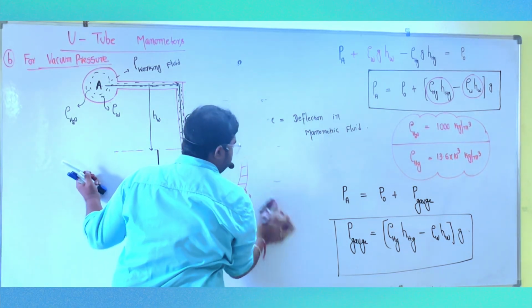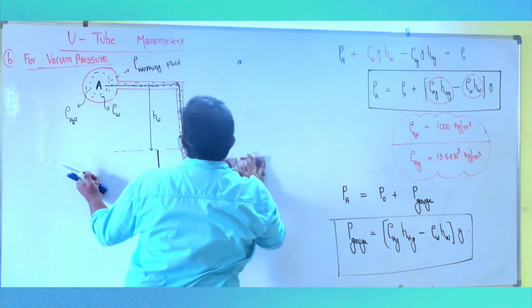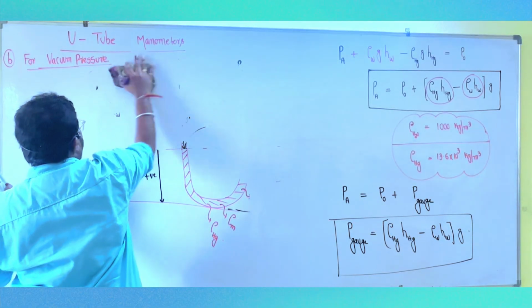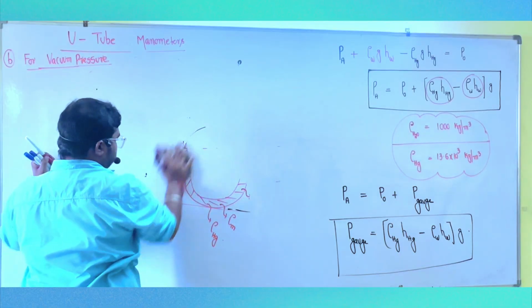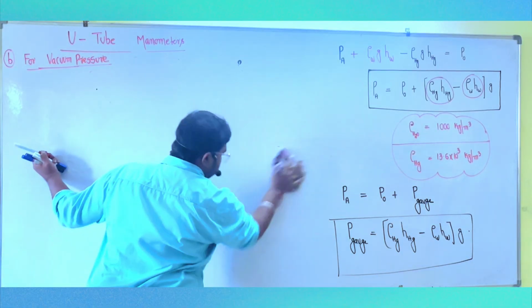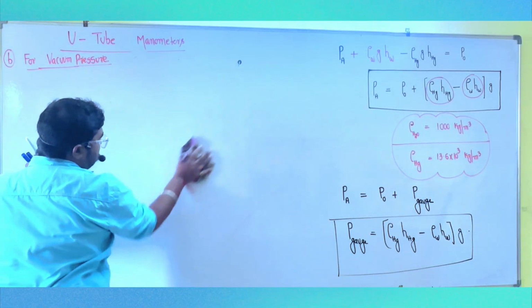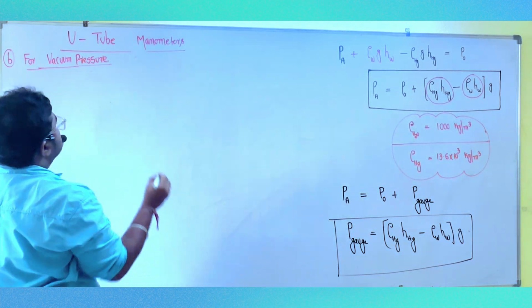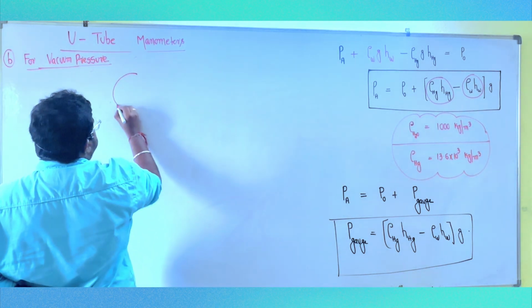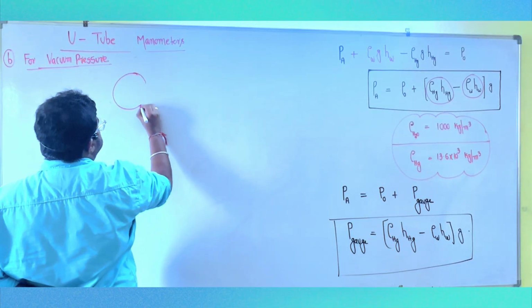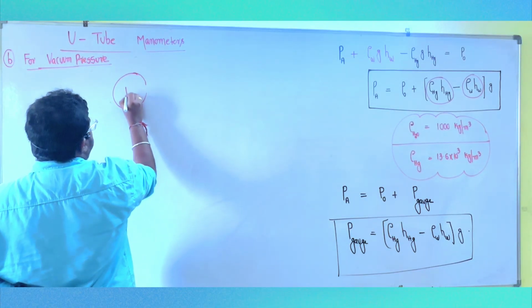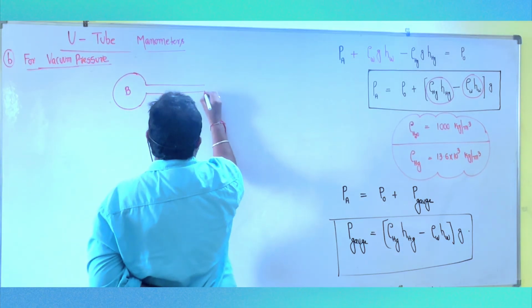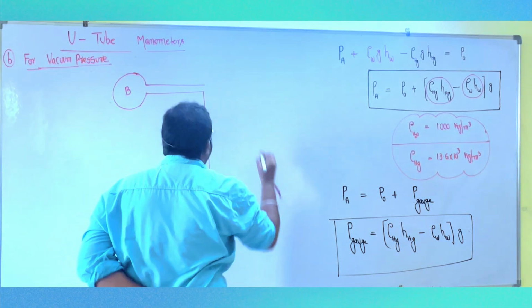Now look, here same figure. Draw the figure again. Vacuum pressure: you observed, you connected a U-tube manometer to the pipe. We connected it like this. Pressure at this point, take this as P pipe. Pressure at this point. Then the U-tube manometer.